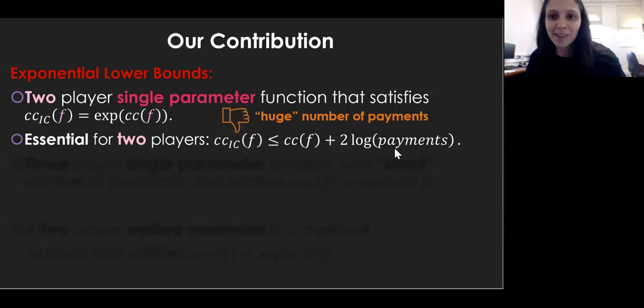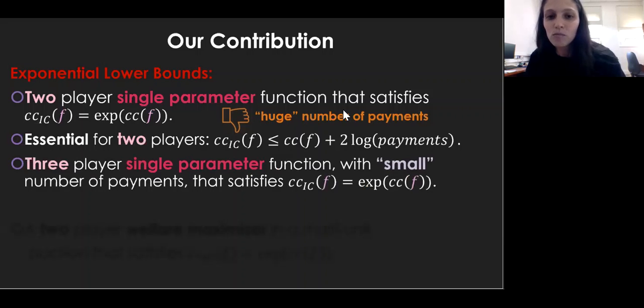I'm going to explain this result and why it means that a huge number of payments was essential later. And we showed that if you add one more player, you get that there exists a function with relatively small number of payments, but that the overhead is still exponential for it.